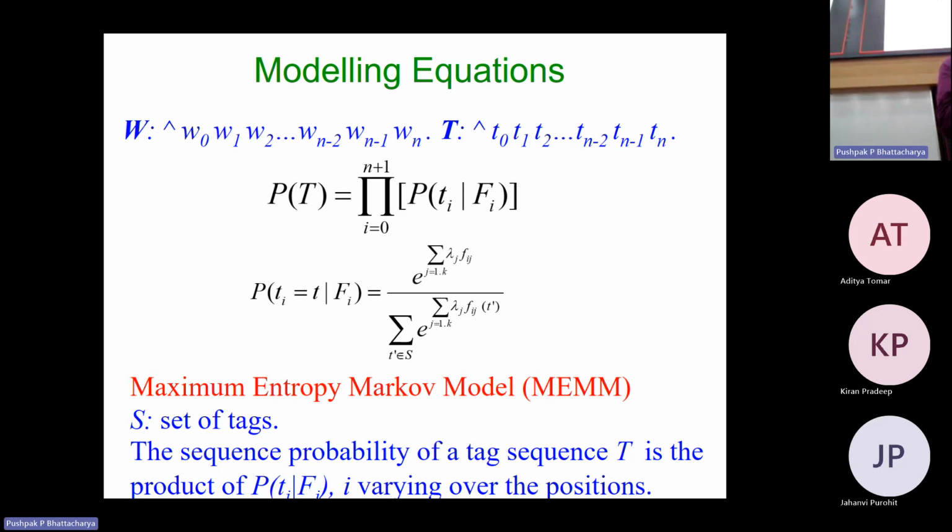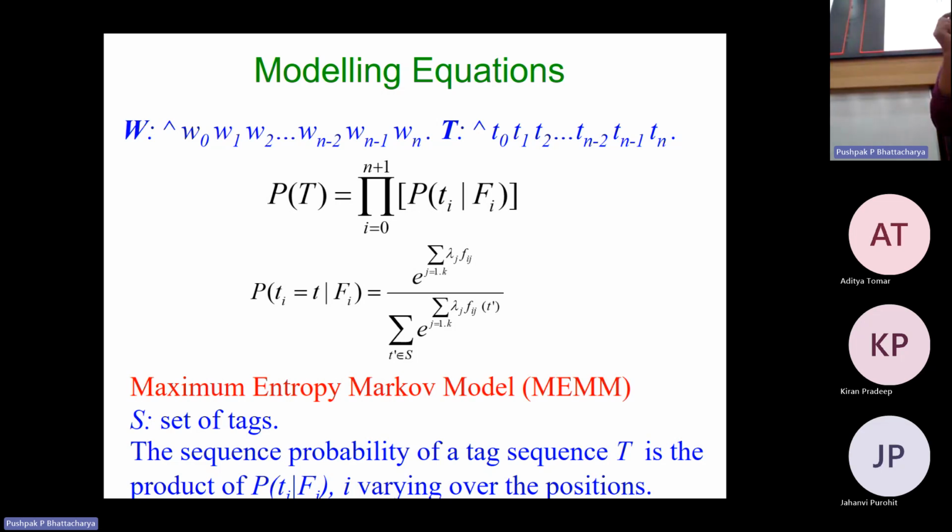That makes sense, okay? If at position number i I have a word which is ending in the suffix ed, I can say that with high probability the word is going to be a verb. So this is the intuition. And the modeling of the phenomenon is given by this equation. So what are lambdas?